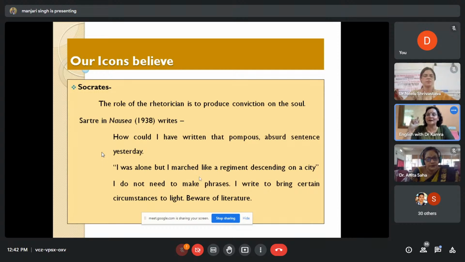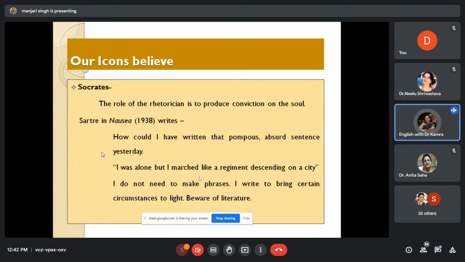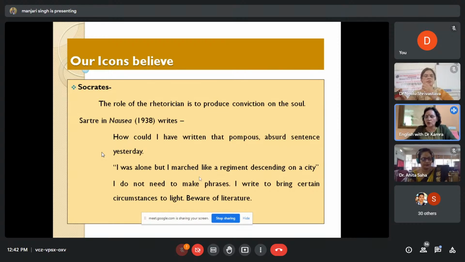Beware of literature. See, beautiful lines. He says a writer writes not because he has to give you phrases, decorative sentences, maybe parenthetical ones. He says, I just want to say that these are the circumstances with which you are surrounded, with which you will be affected in times to come. So beware of literature. Next slide, please.